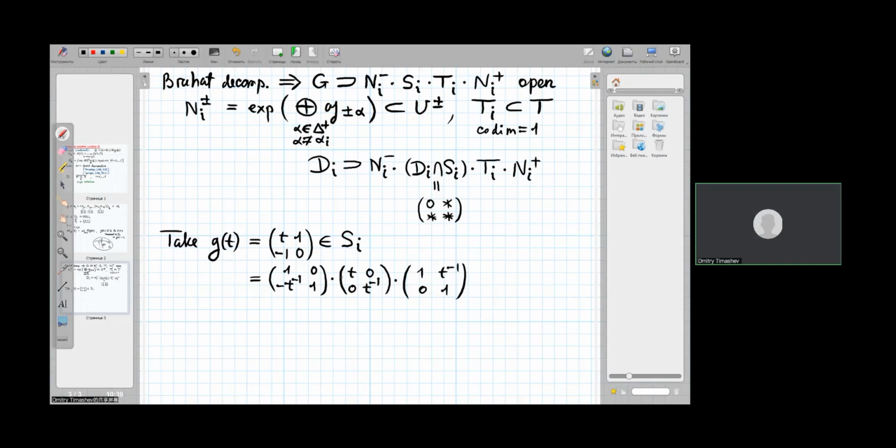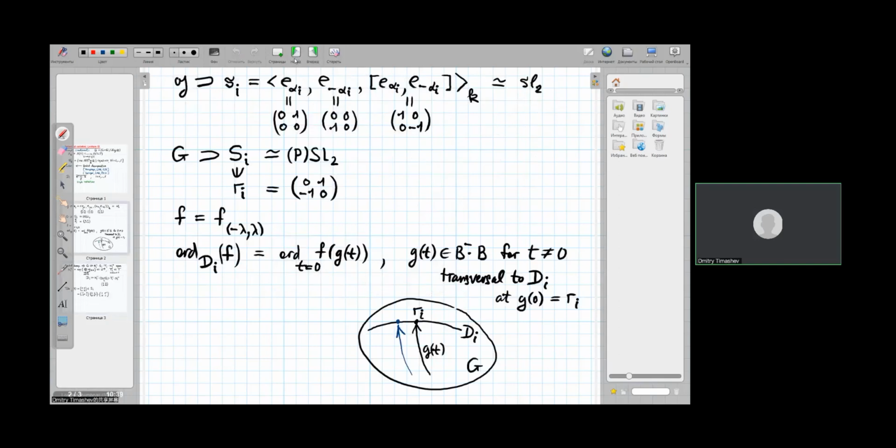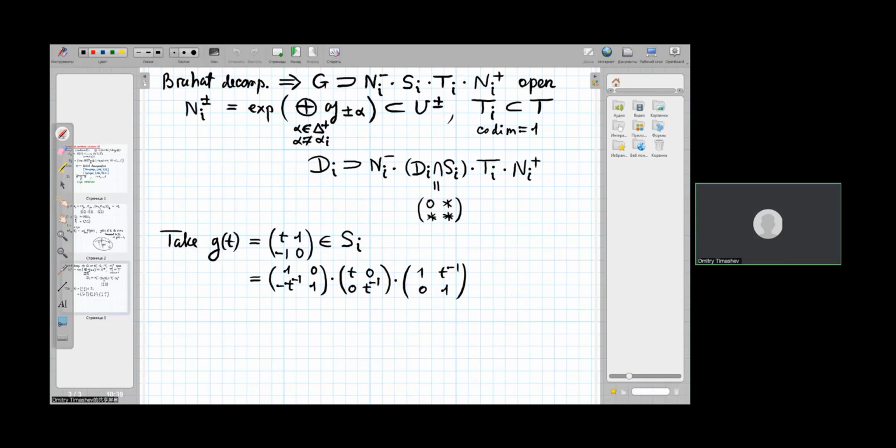But this is in the language of matrices, in the language of SL2. And in the language of this group SI sitting in G, this can be written as follows.